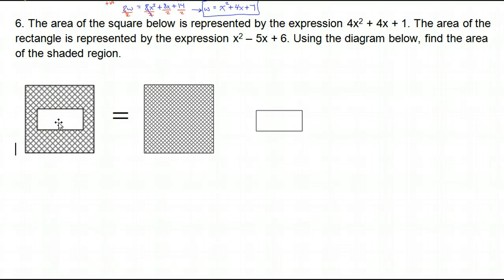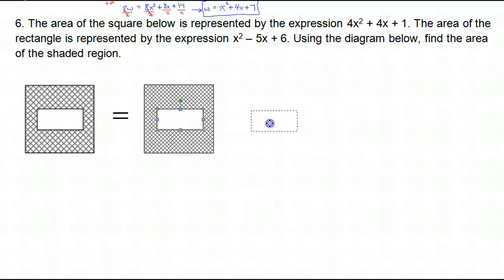So the relationship between the square and the rectangle and the cardboard with a hole in it is that if you took the square, imagine we have the solid piece of cardboard, you would have to cut a hole in it with the rectangle to make it be just the border.